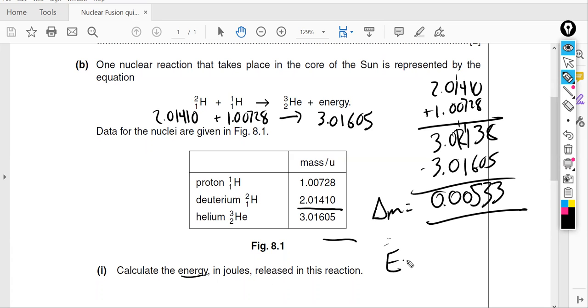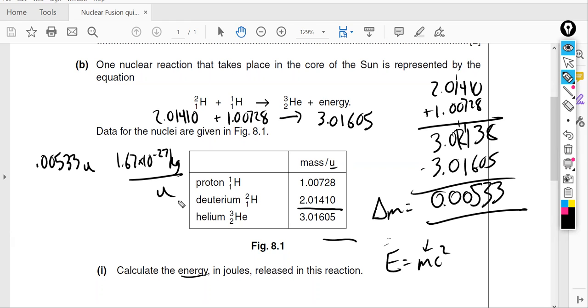And so E equals mc squared. But we need to get this from unified atomic mass units into kilograms if we're going to get joules of energy. And so 0.00533 unified atomic mass units, and there are 1.67 by 10 to the negative 27 kilograms per unified atomic mass unit.